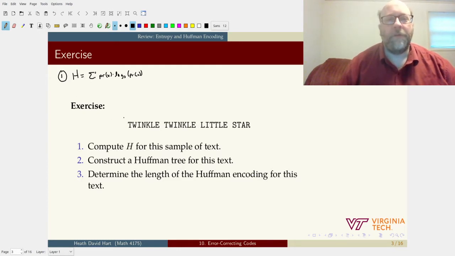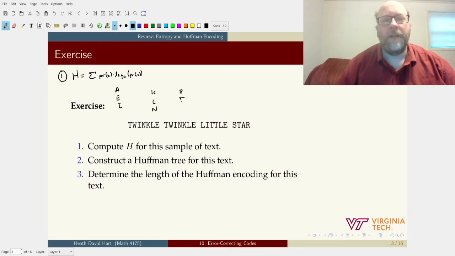So let's write down what's in here. We have an A, an E, an I, K, L, N, R, S, T, and W. There are 10 different letters in this sample. All right, so we go through the words.